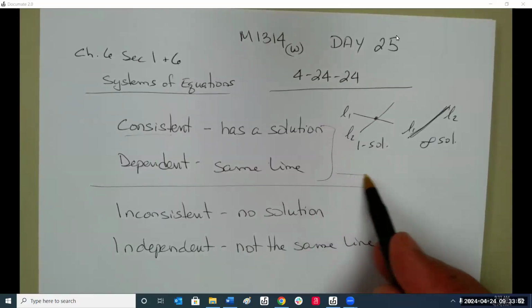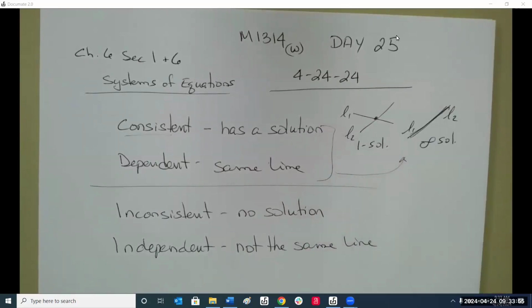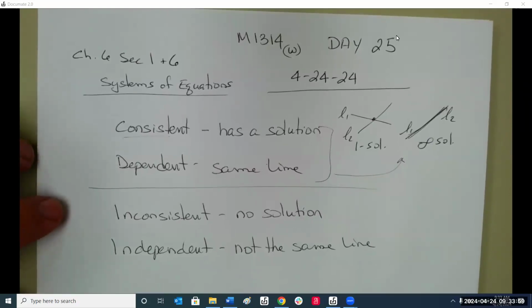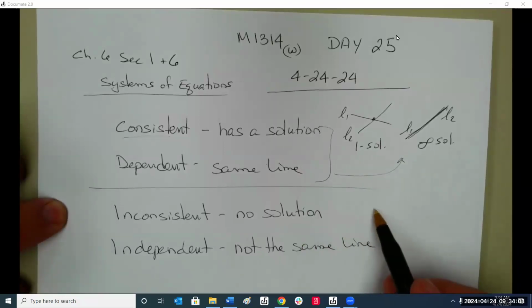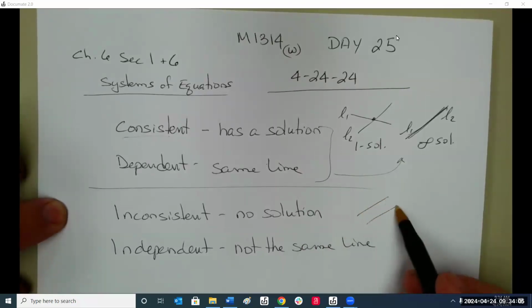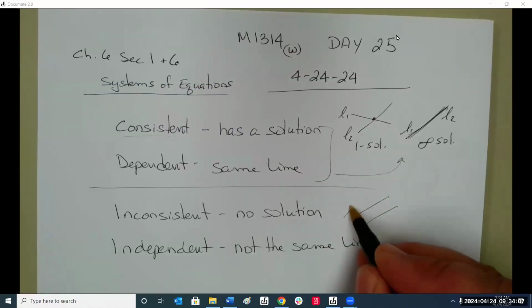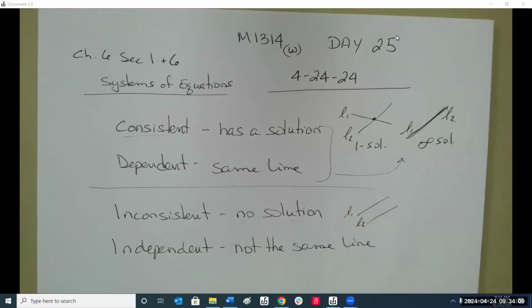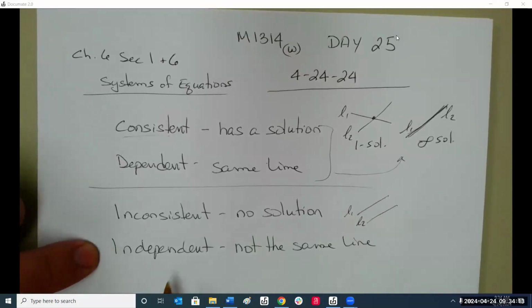So this is an example of the same line. Inconsistent means there's no solution. The lines are parallel. Independent means it's not the same line.